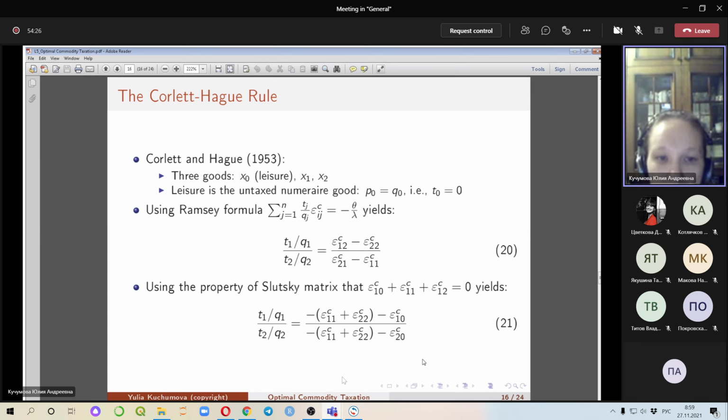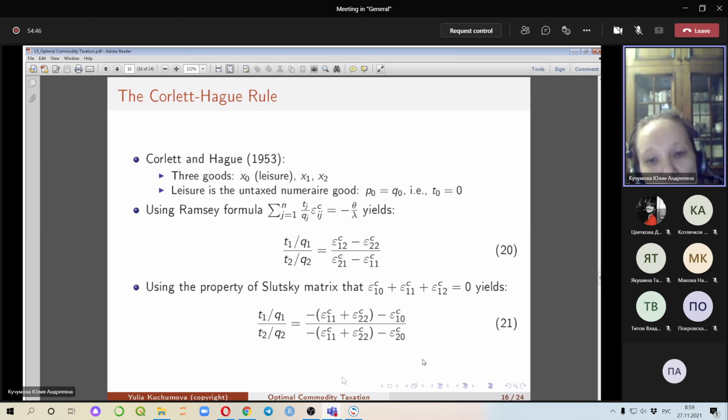Then we can apply the Ramsey formula in these settings. So what would the Ramsey formula be? If i is equal to 1, then in this sum, g goes from 1 till 2.